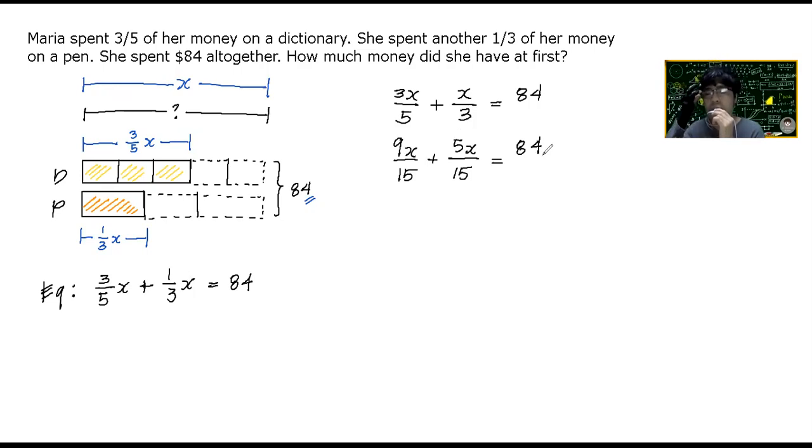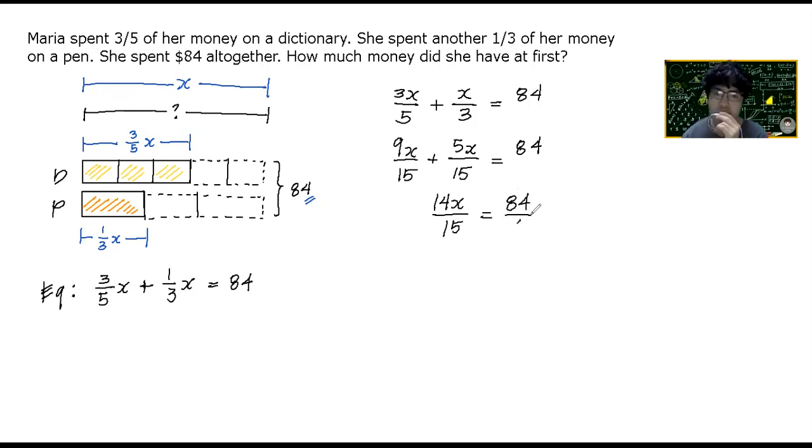We cannot combine fractions with different denominators, that is why we need to use the LCD, or the least common denominator, called the least common multiple in some textbooks. Combining 9x with 5x becomes 14x all over 15 equals 84 over 1.